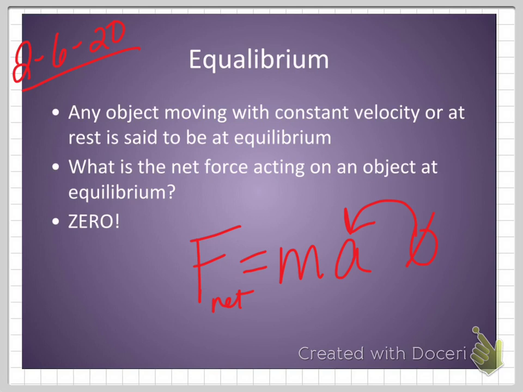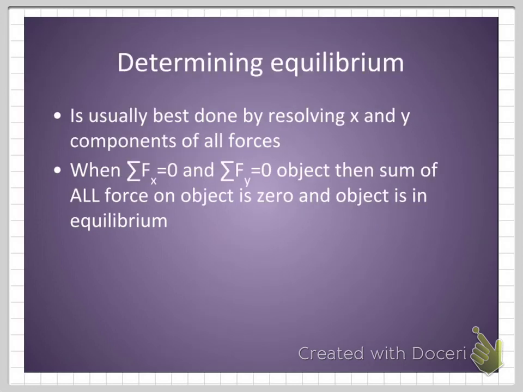So we've kind of been doing this, though we haven't formally discussed it. This is what you've been doing. How do we know something is at equilibrium? Well, the first way is we ask ourselves the question, is it moving, is it accelerating? And that's on each axis, which is what we've been doing. Well, then, if all the forces are 0 on both axes, then the total sum of all forces on it is 0, and it's at equilibrium.